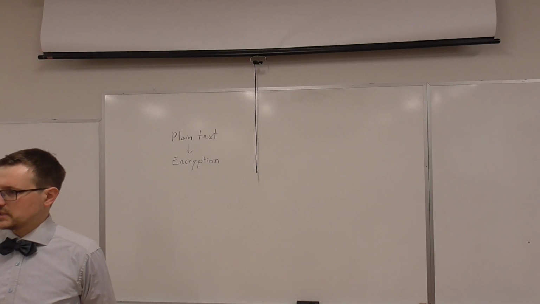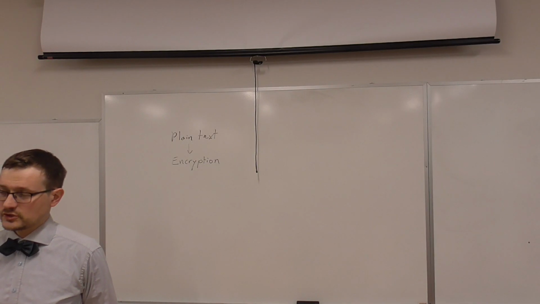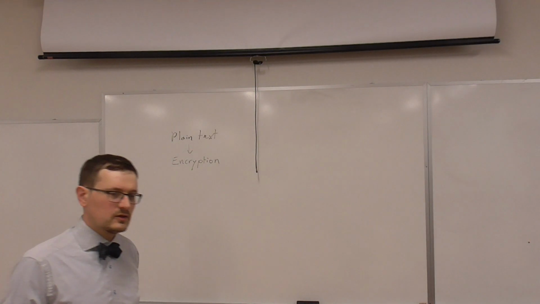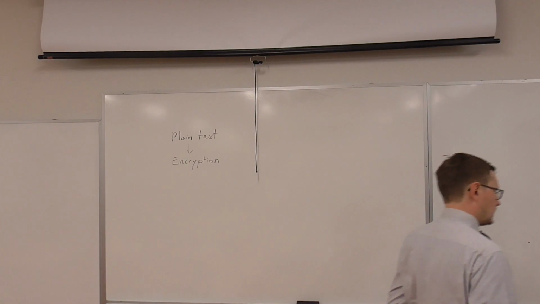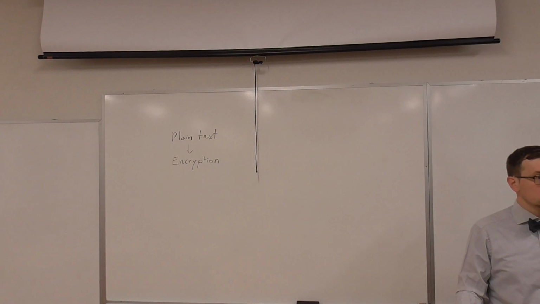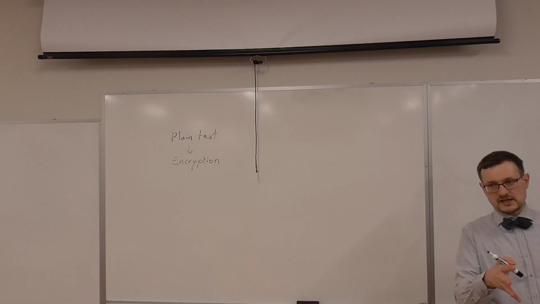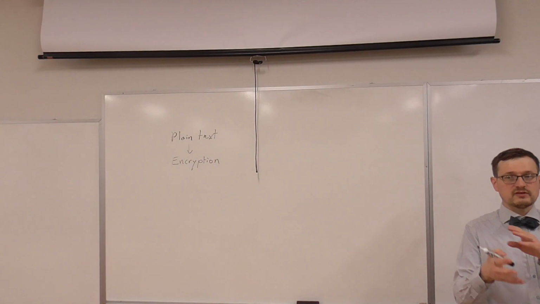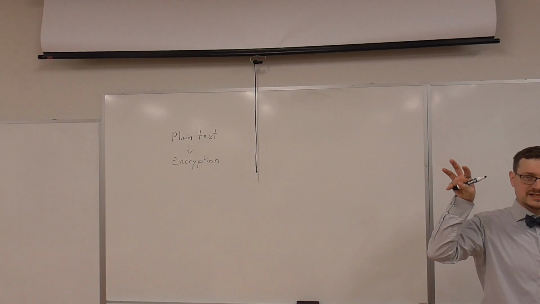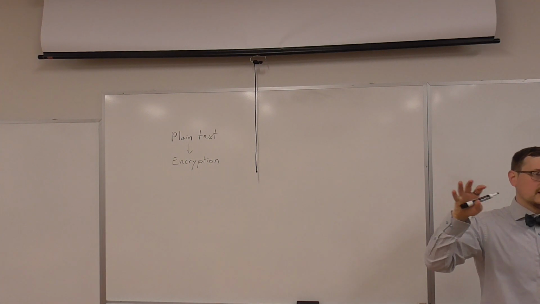A very important feature of encryption is that encryption is reversible, right? The way that encryption works, you have an input value, which is the text you're attempting to scramble. You have another input value, which is a key, right?